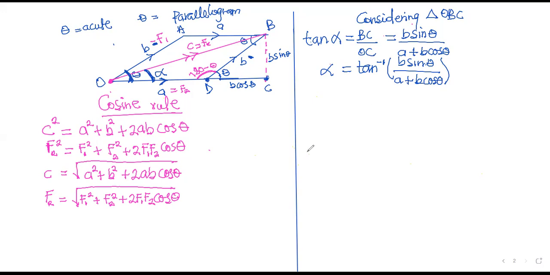Now there's another way of representing the cosine rule. Theta is acute. Its corresponding obtuse angle is 180 minus theta.